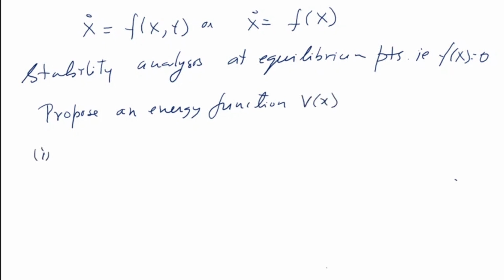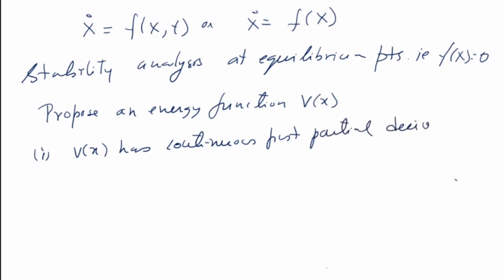Number one, V of x has continuous first partial derivatives. V of x is greater than 0 except at x is equal to 0.